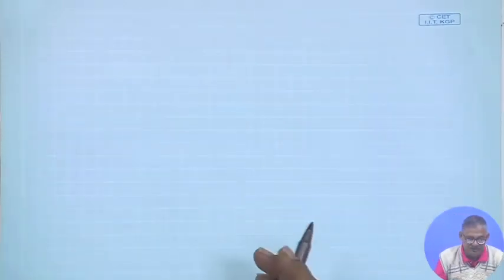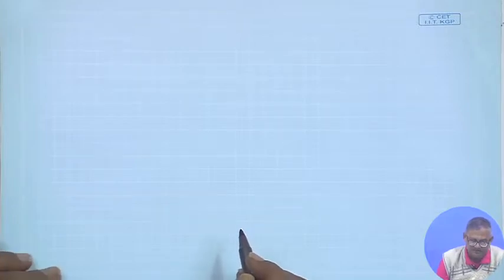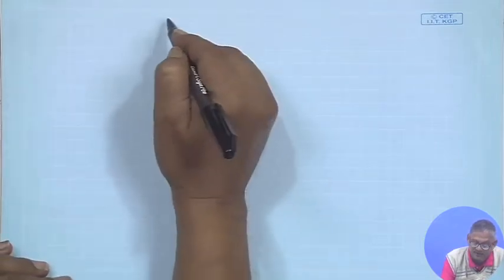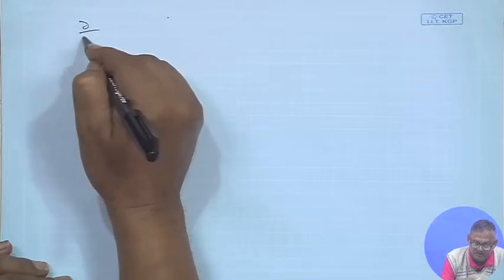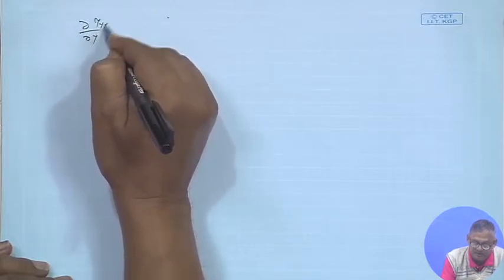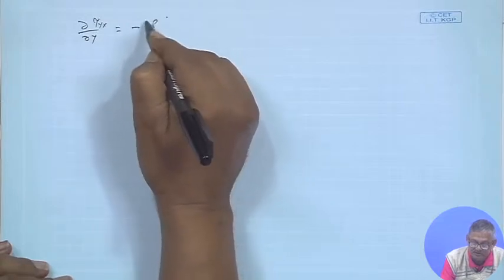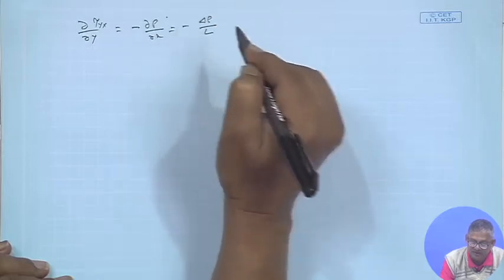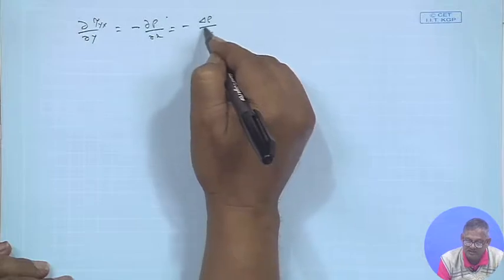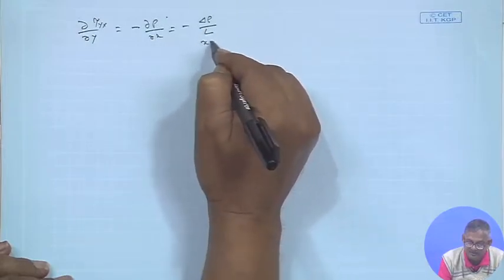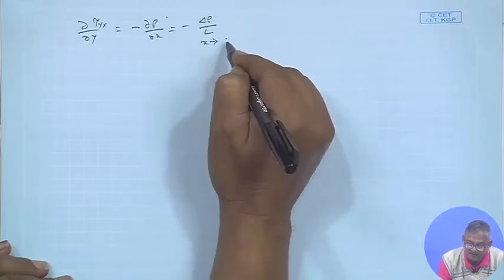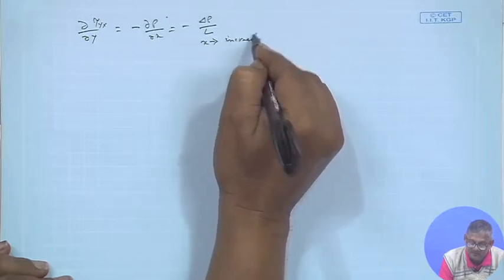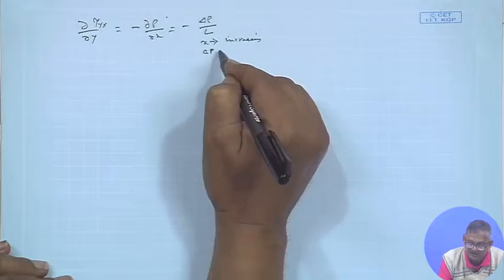Then we can now say that del del y of tau y x is equal to minus del p del x is equal to minus delta p over L. This indicates that as x is increasing, the value of delta p is decreasing.